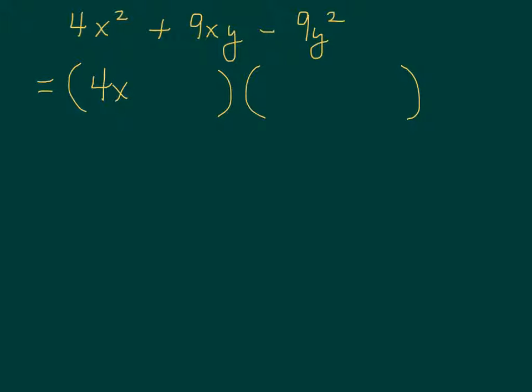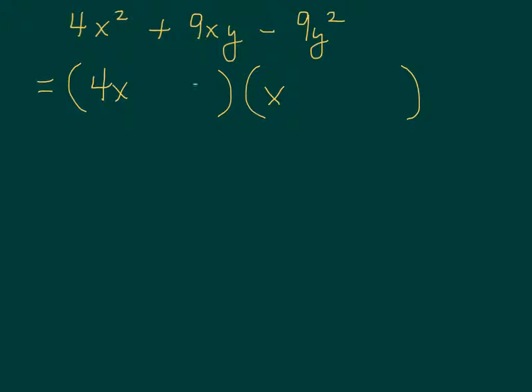So let's try 4x times x. 9y squared, the last term in our trinomial here, is either 3y times 3y or 9y times 1y.